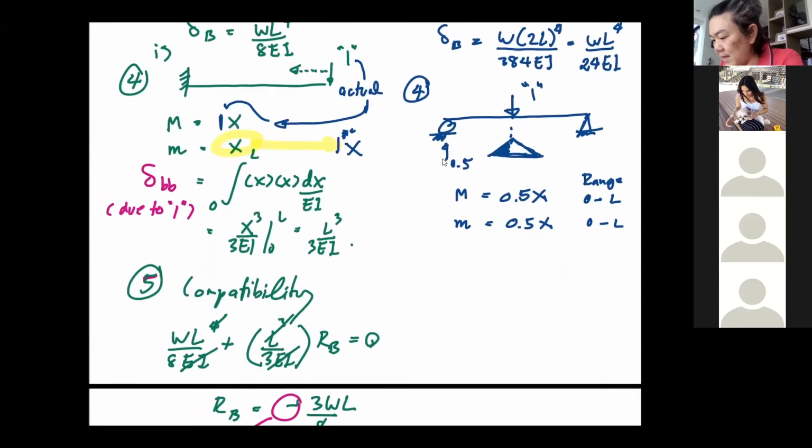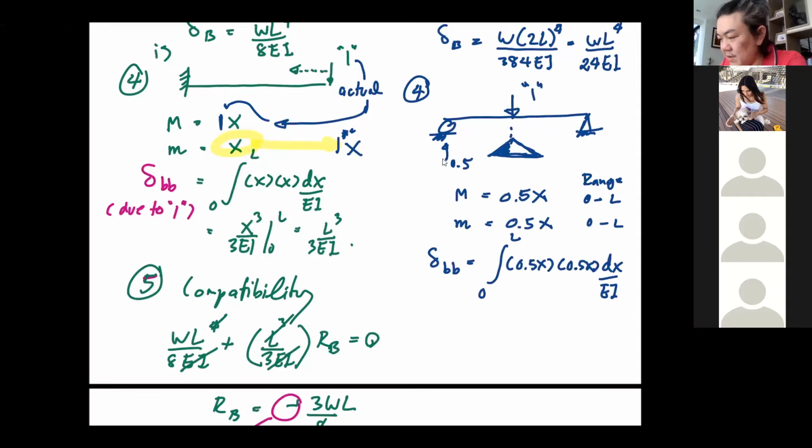So I can calculate the delta BB. It's going to be integral from 0 to L, 0.5x, then 0.5x dx over EI. But remember, this is only 1/2 of your beam.